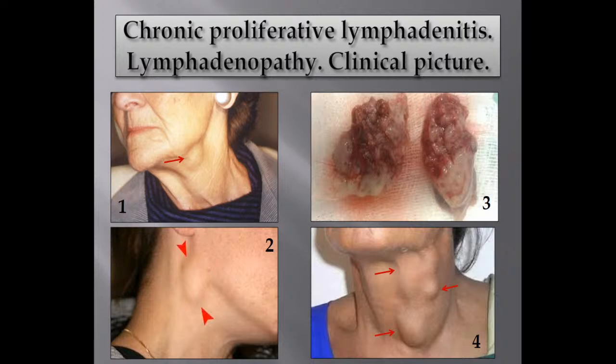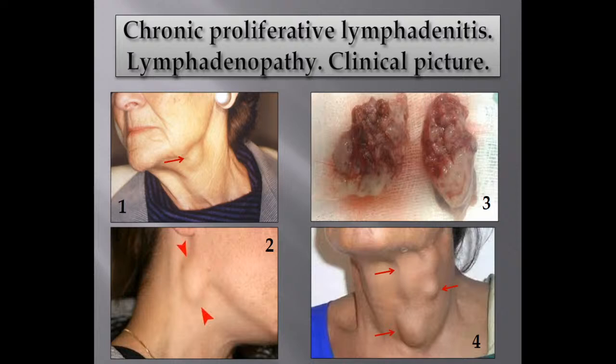And here you can see clinical photos or clinical pictures of lymphadenitis or lymphadenopathy and extracted lymph nodes. And of course, on photo 1, it's lymphadenitis according to the inflammation of the tooth, for example, yes, and photo 2, different types of enlargement. And photo 3 and 4, of course, it's malignant one.